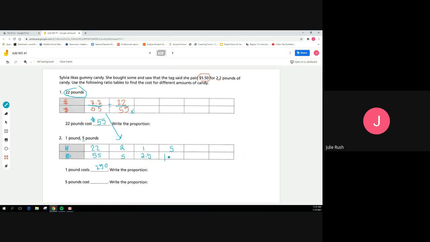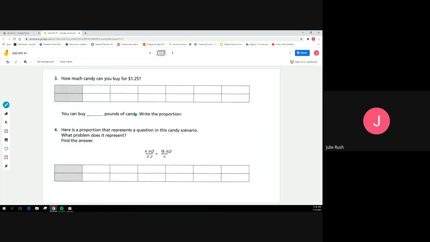And so my final answer is 12.5, or $12.50, is the cost for 5 pounds of candy. Okay, and those numbers are very similar, right? Because our rate is 2 pounds for $5, and we basically added 3 pounds, so that's why we added 7.50 to 5. All right, let's keep moving on.